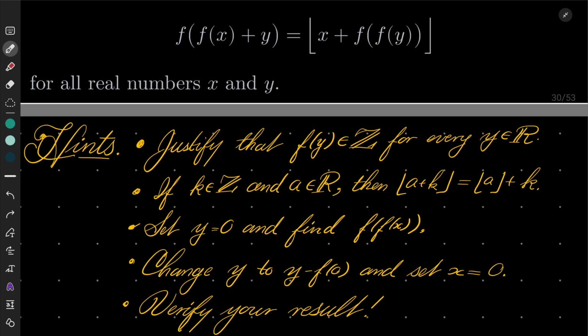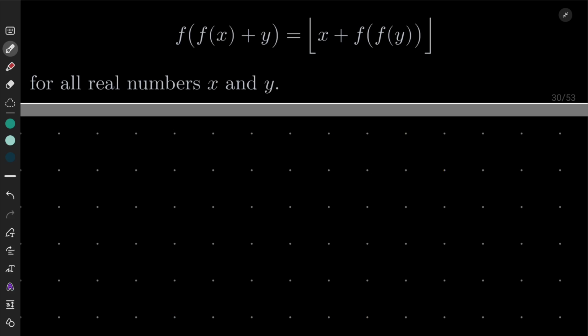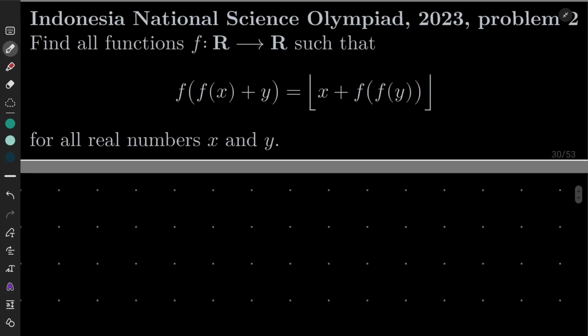Then set y to be 0 to find f of x and use it, then changing y to y minus f of 0 and set x to be 0. That should lead you to find f of y explicitly. And finally, don't forget to verify your result in the end. So give this problem a try and I will see you in just a minute.